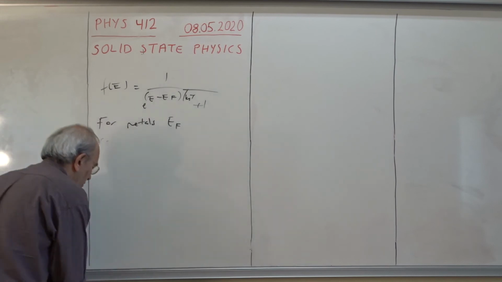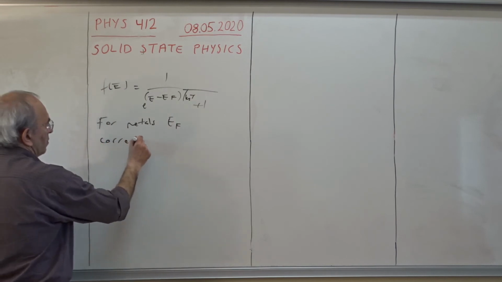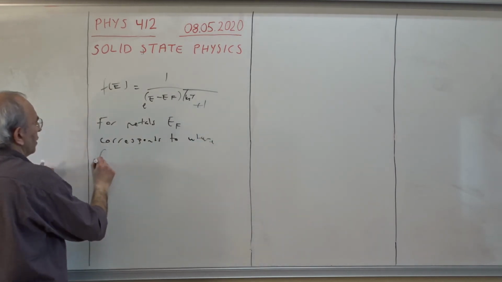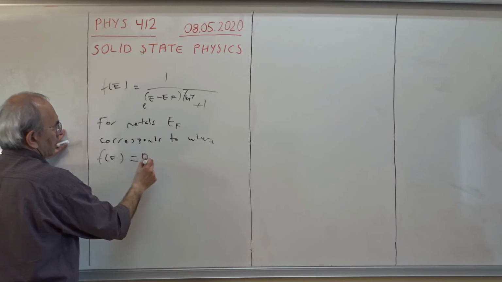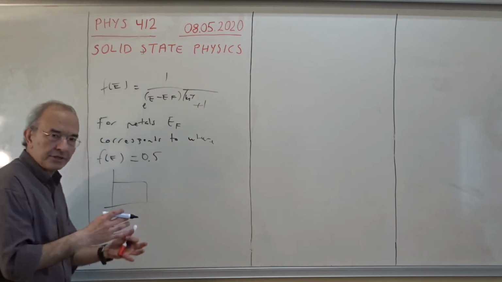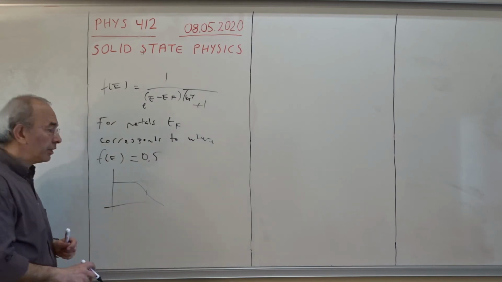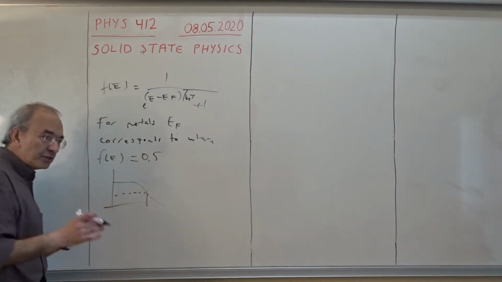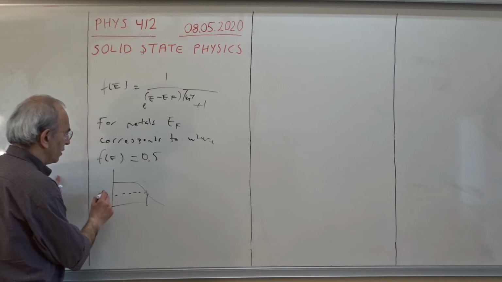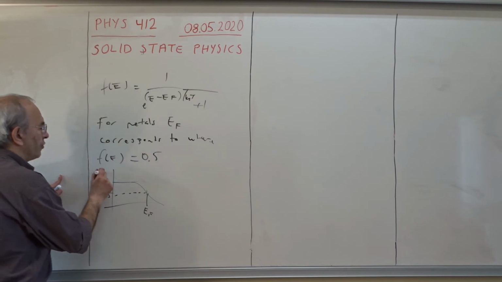For metals, EF corresponds to where F of E is 0.5. And remember the picture, this was either a rectangle at 0 Kelvin or some deformed version. But every time, this is the fixed point where the curves pass through, so EF corresponds to 0.5 for the function.